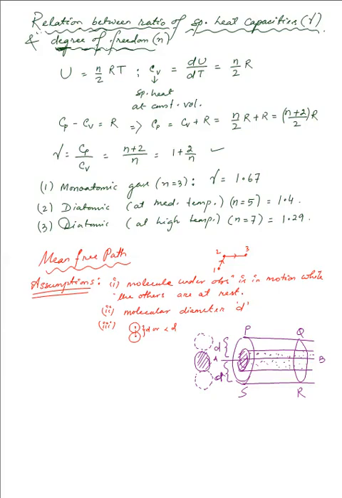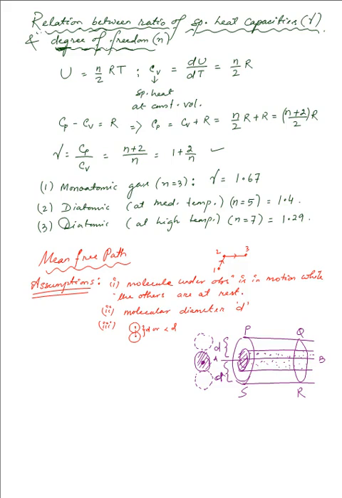Okay, so we have to consider this figure over here in order to obtain that expression. We are considering a molecule at the center, which I'm showing with a dot, in the cylindrical region that we have shaded, as you can see.